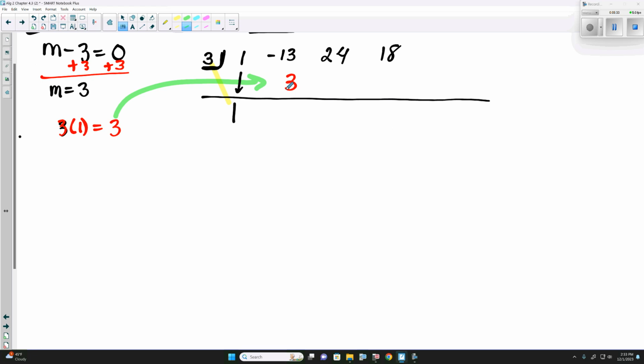So we get our 3 here. We good so far? Our next step is to add these two here. We add straight down. So negative 13 plus 3 is negative 10. So we add straight down and put that number below the line.